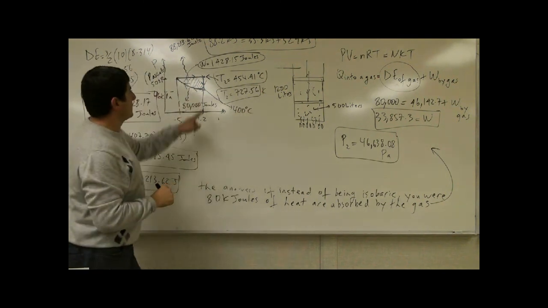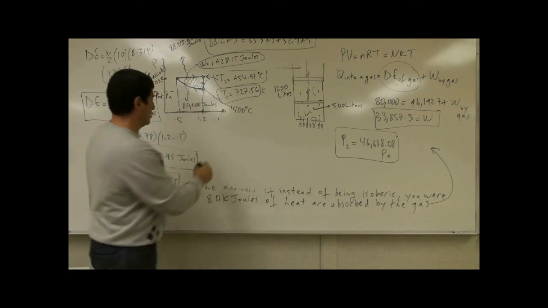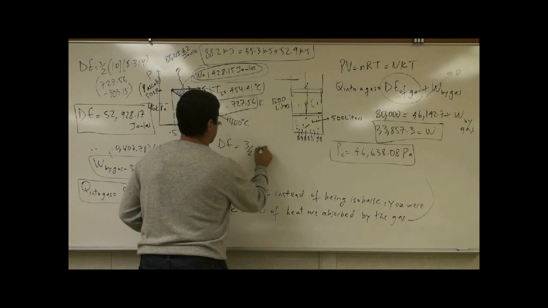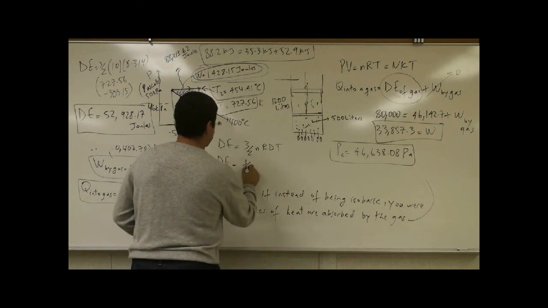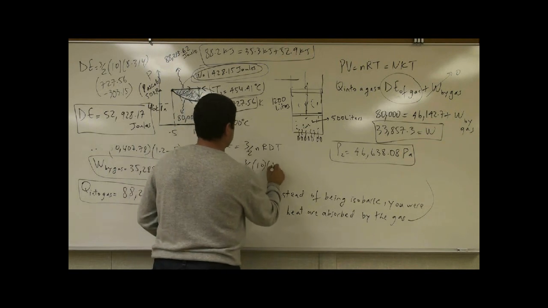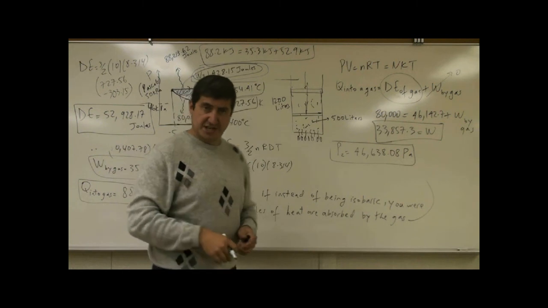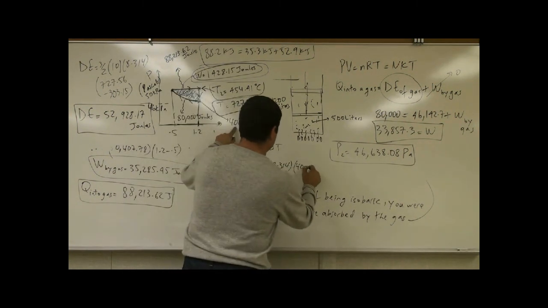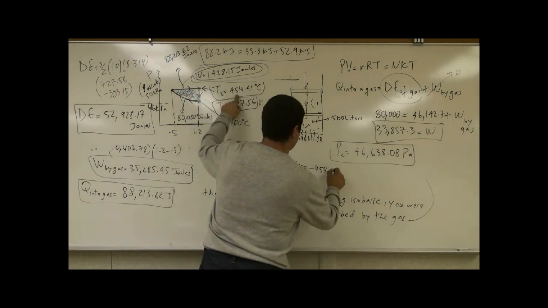Okay? So if you go from 454 to 400, what's the change in internal energy? So delta E is equal to 3 halves nR delta T. So delta E is equal to 3 halves times 10 times 8.314. And delta T, remember, I could do it in Celsius. So I could do the final temperature, which is 400, minus the initial temperature, 454.41.